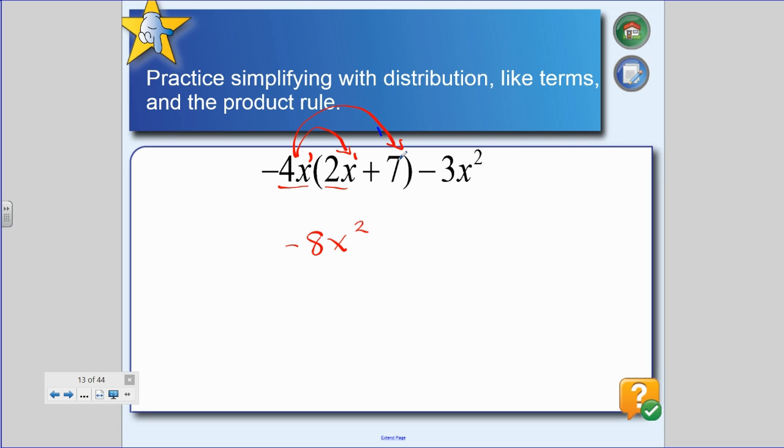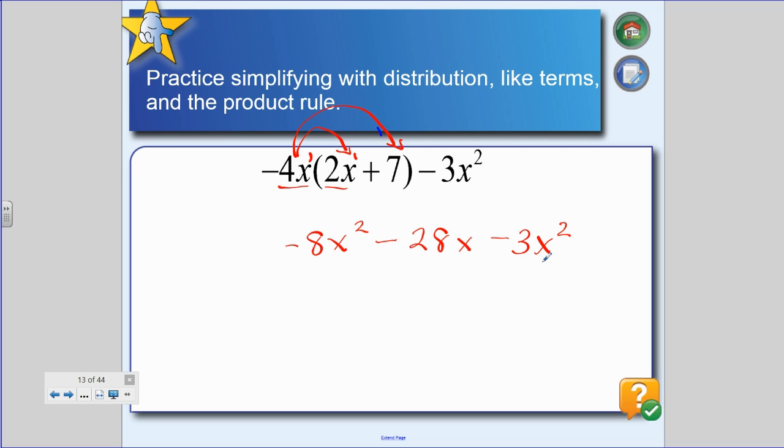Negative 4x times a positive 7: negative times a positive is a negative, and it's going to be 28x. And then this guy on the outside, this minus 3x squared, just comes along. I'm working vertically. So I have negative 8x squared minus 28x minus 3x squared.